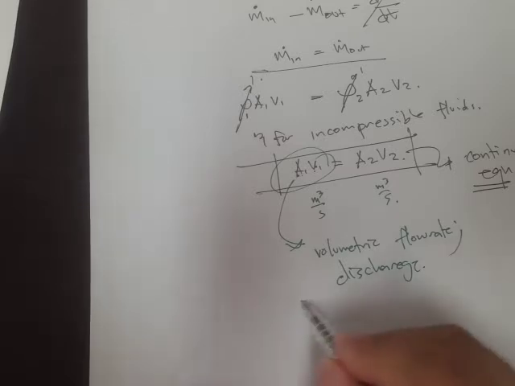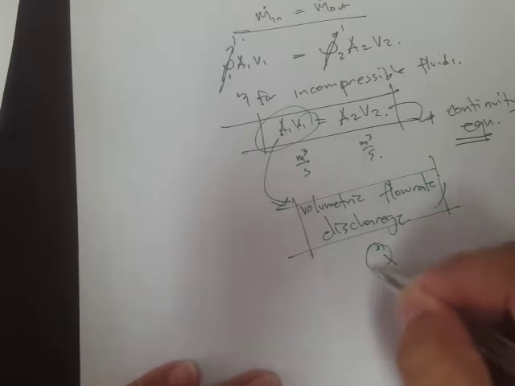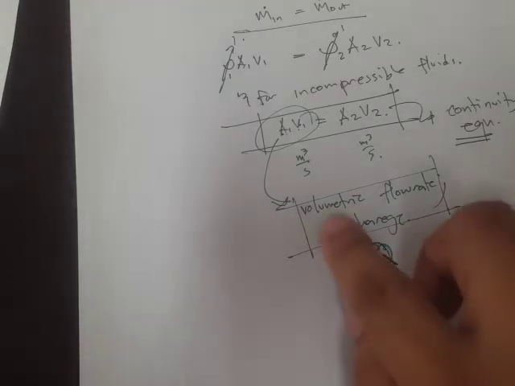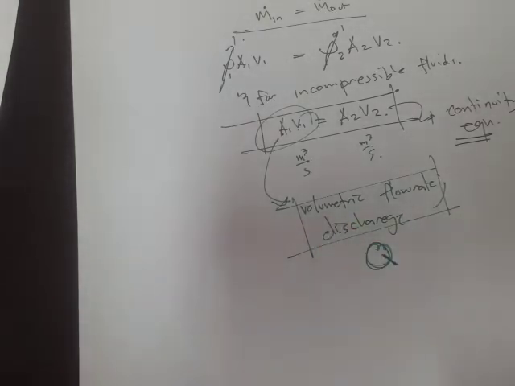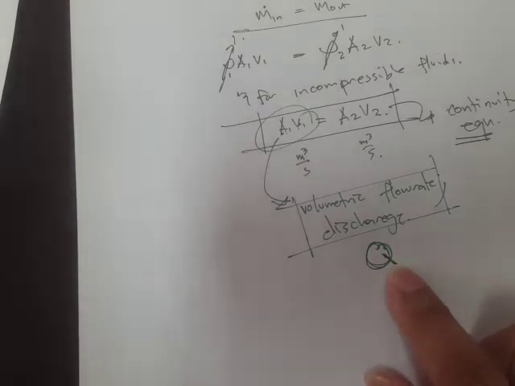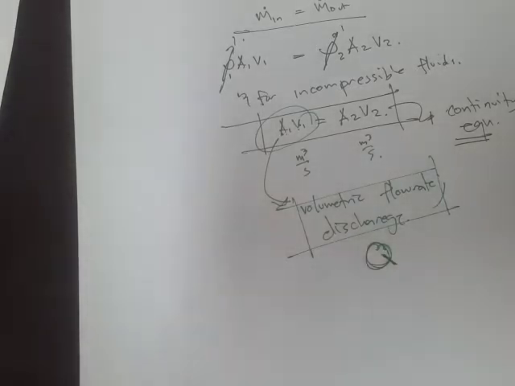For this parameter, commonly what's used is the big letter Q for the flow rate. And of course, if you can express this in terms of the volumetric flow rate, then we can also express this in terms of the weight flow rate or the mass flow rate.